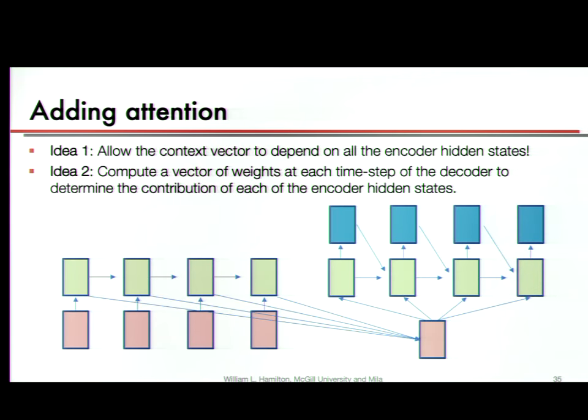And the key thing here is that we're essentially getting information from all of the hidden states into our context vector. But the important thing is we're not just naively averaging these things. The way we use the previous hidden states at each part of our decoder depends on the current thing that we're generating.